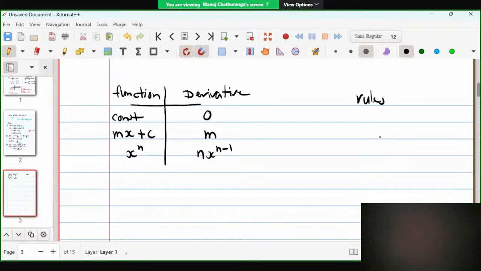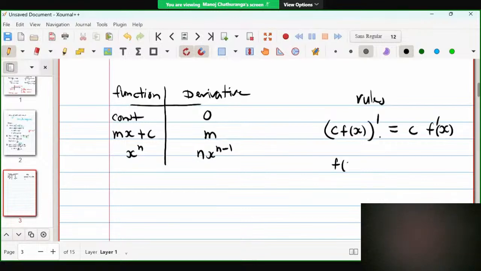Then rules. The first rule is the sum rule, the constant multiple. When you differentiate something like this, you keep the constant in front, differentiate the function.